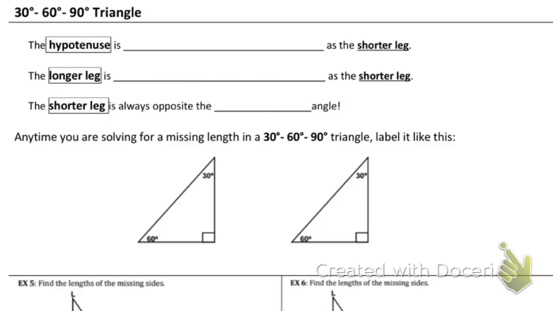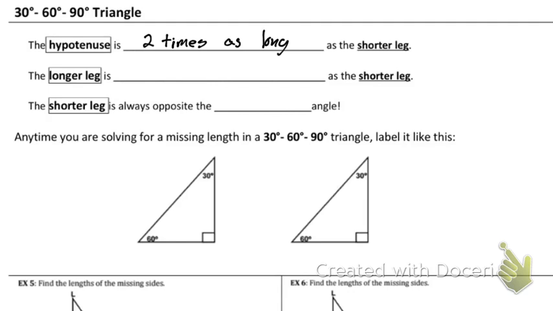In a 30, 60, 90 triangle, the hypotenuse is 2 times as long as the shorter side. So it's 2 times as long. So that means we're going to use 2 times whatever our shorter leg is.